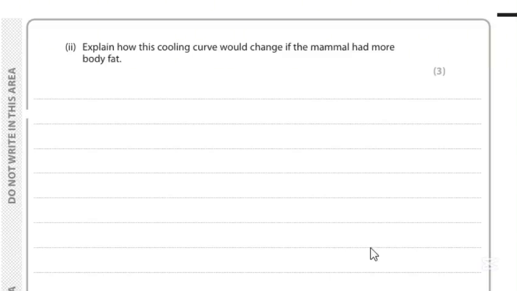Even if the environment is cold, the temperature of the body will decrease slowly, because the heat loss would be slow, as the fat works as a heat insulator. Okay, so now let's see the answer.